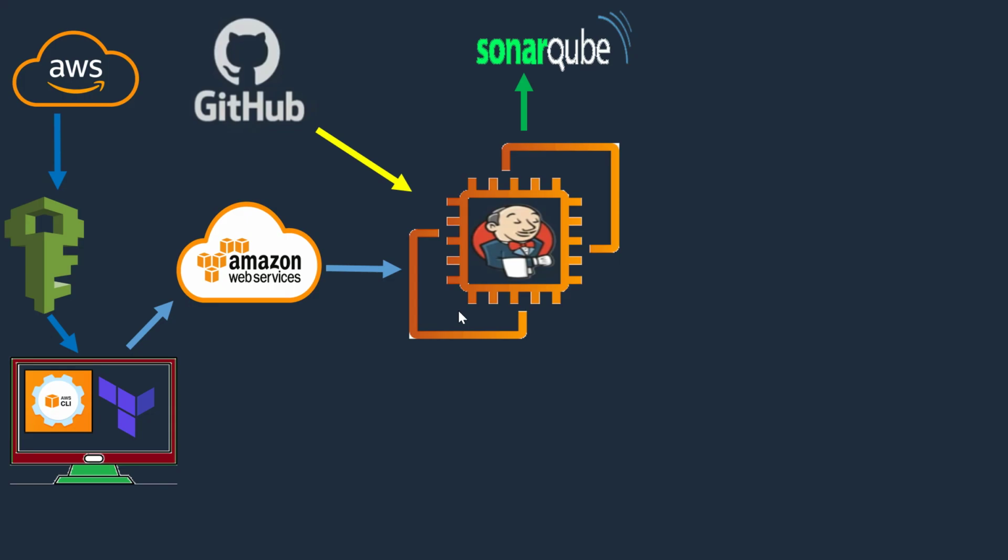Once the integration is over, whatever code we got from GitHub to Jenkins, we are going to send to SonarQube. Once SonarQube receives it, it will validate and analyze the code, and it will check the code quality also. If code quality is okay, then it is sent to npm.